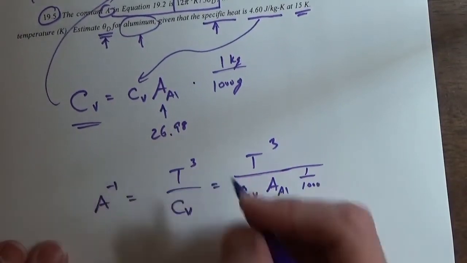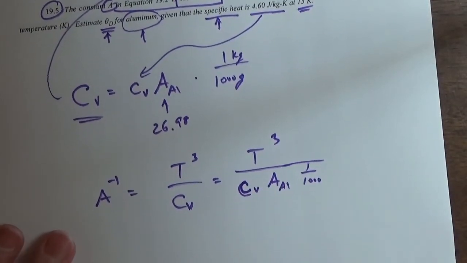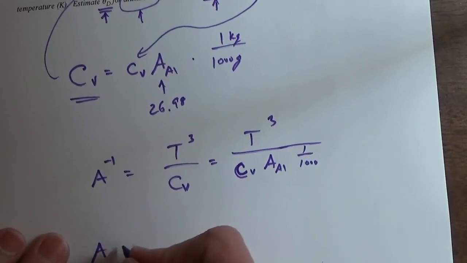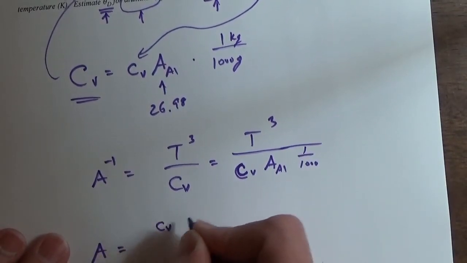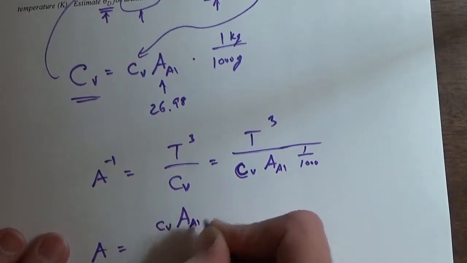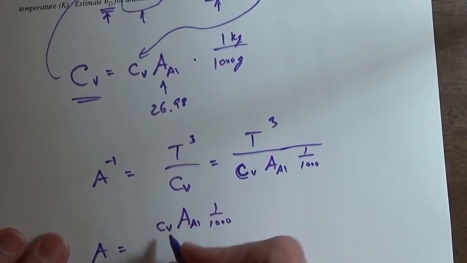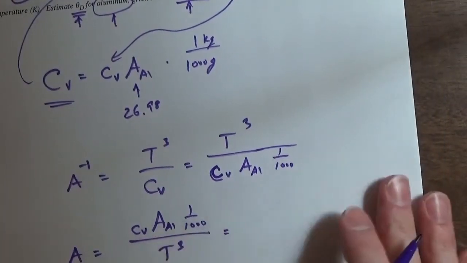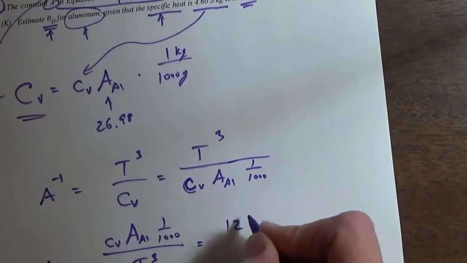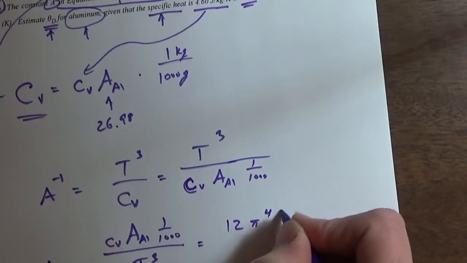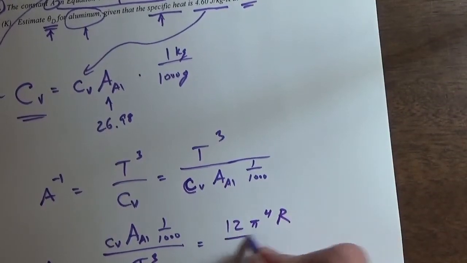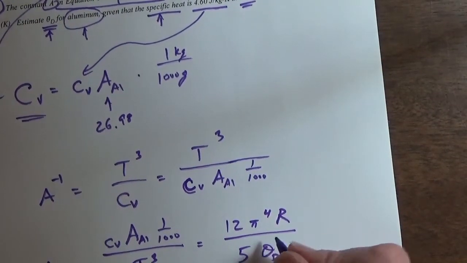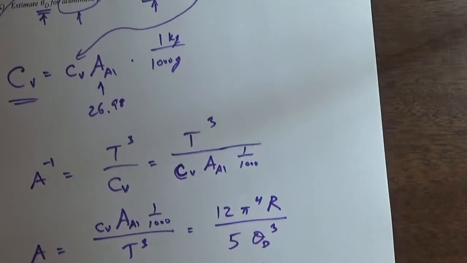Oh, sorry, there's one small error there, which means now that A is equal to little cV AL times 1 over 1,000 over T to the 3, which is equal to 12 pi to the 4th R over 5 Debye temperature to the 3rd.